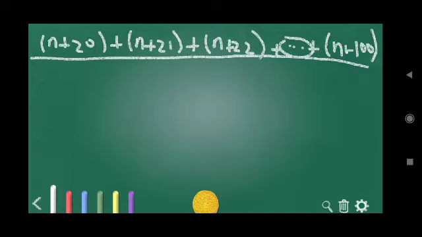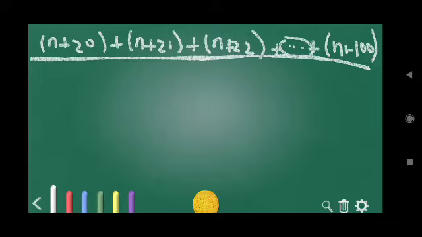Before we can add all of these expressions together, we need to identify whether this exhibits an arithmetic series or a geometric series so that we will be able to use the appropriate formula in finding the sum. So let's try to see if this exhibits an arithmetic series.